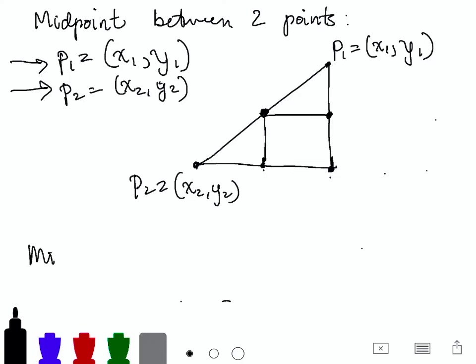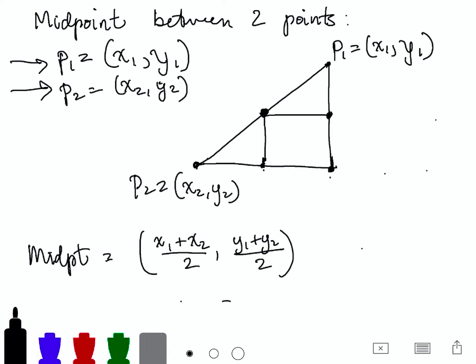So the midpoint is x1 plus x2 divided by 2, and y1 plus y2 divided by 2. Because that's how you would find these coordinates. So let's look at an example.